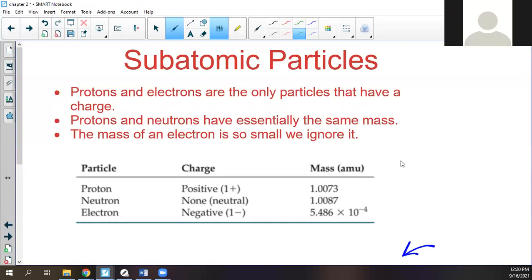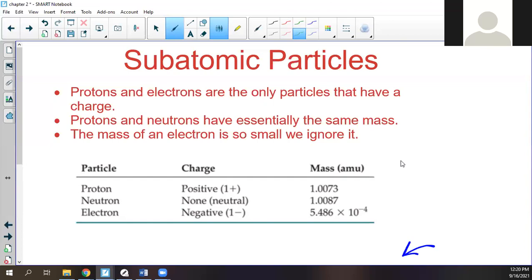Go ahead. What did they base the AMU on? Why is it not just perfectly one? And why did they put 0073? They could just move it. That's a super good question. The AMU is based on the pure mass of a hydrogen atom.